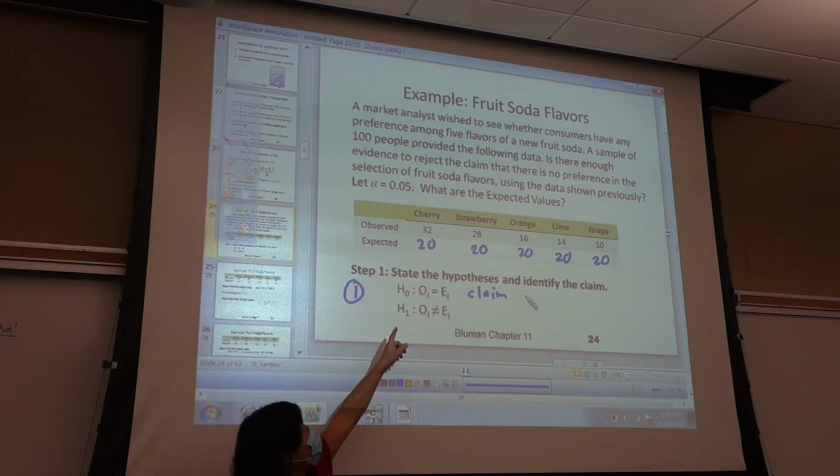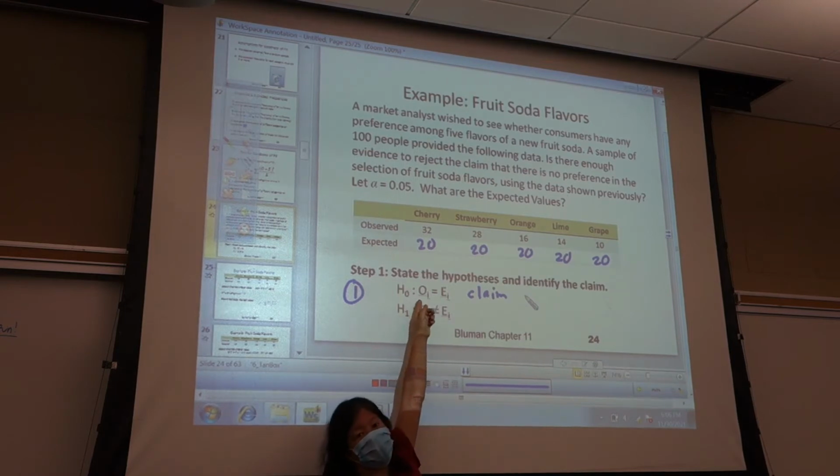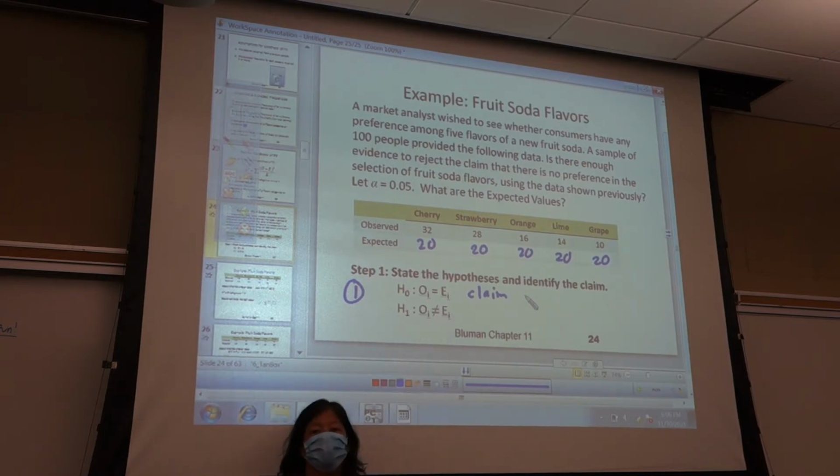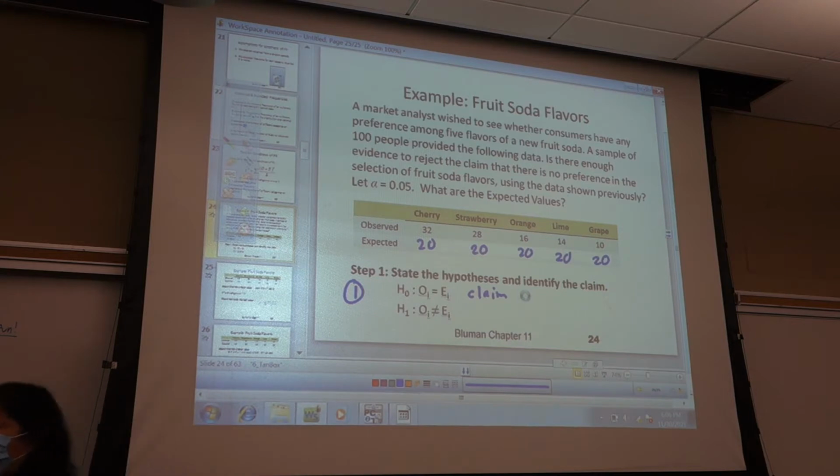All right, so here, chapter 11, my claim is always going to be H naught. That's for the exams. The same is not true for your homework. Your homework will do whatever it wants to do, so no promises there. But for the exams, my claim is always going to be, for chapter 11, H naught, and for chapter 10, H1. Okay, so everyone has this first part written in.